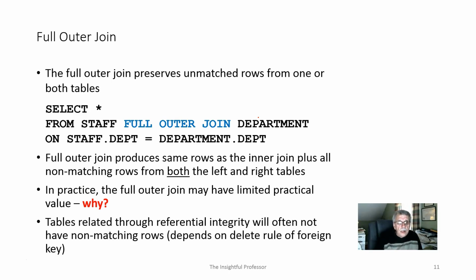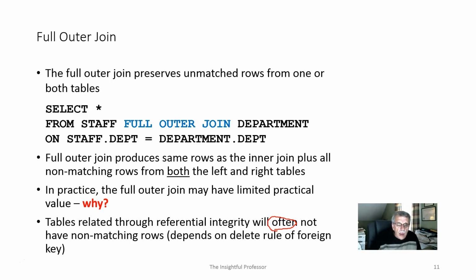Well, there's one exception to that we'll mention in a moment here. So for tables related through referential integrity, we don't say we'll never have non-matching rows, but we'll generally not have any non-matching rows. The only way that we can have non-matching rows depends on the delete rule.